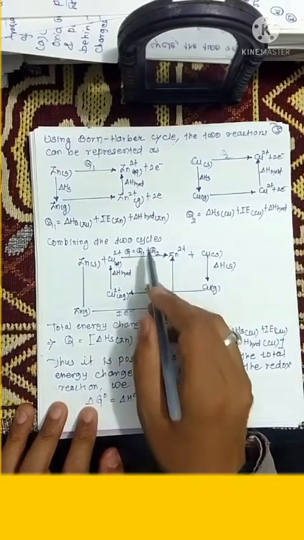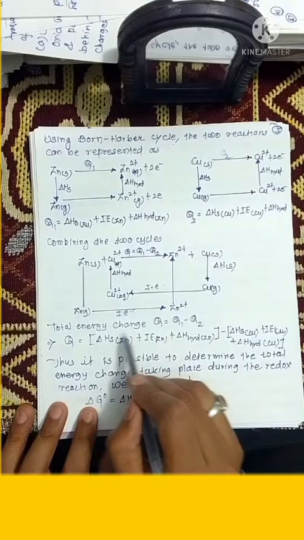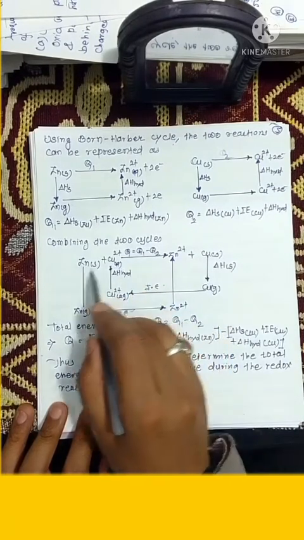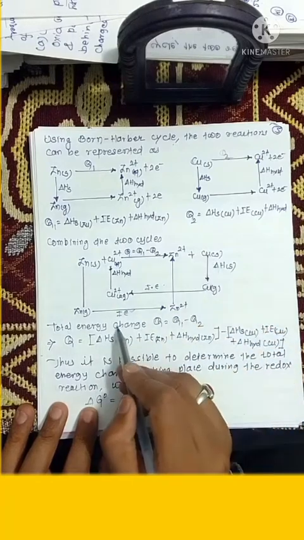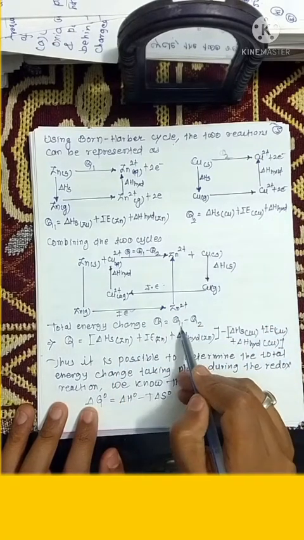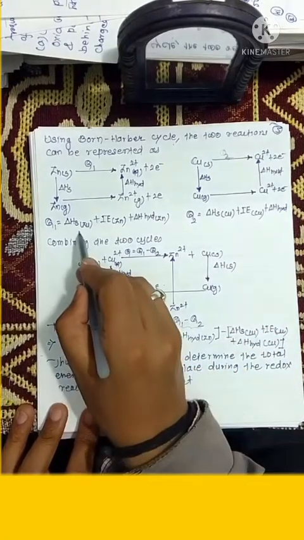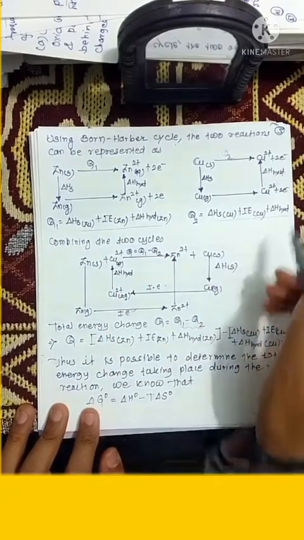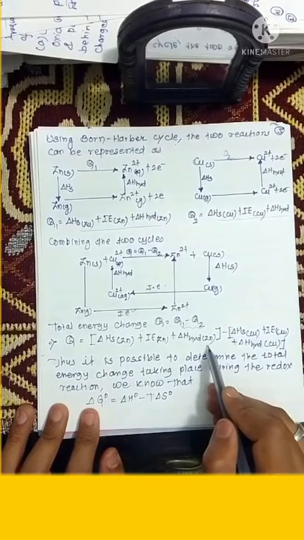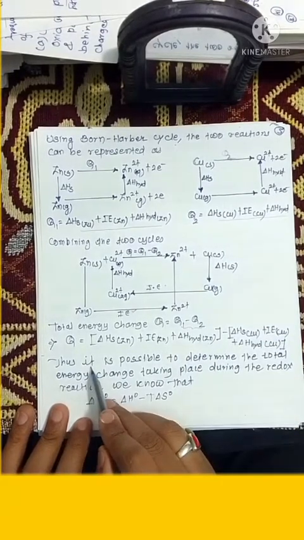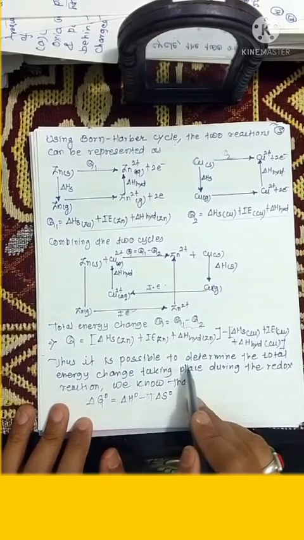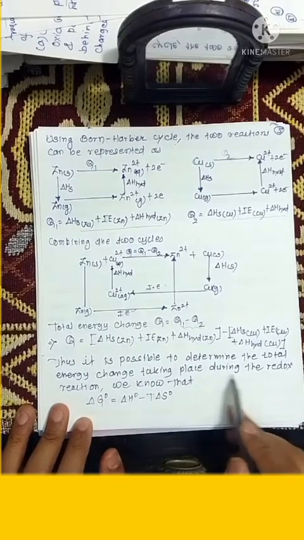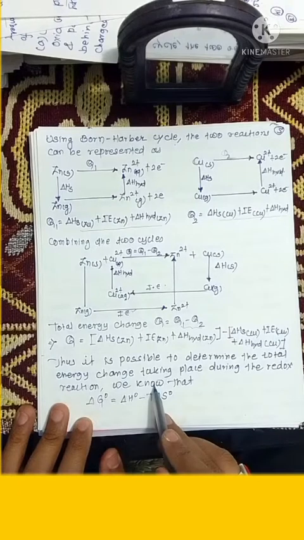From this we can simply write the total energy change, that is the energy change for this complete reaction, which is equal to Q1 minus Q2, and we know the value of Q1 and the value of Q2, so it is put in this formula. So from the above formula it is possible to determine the total energy change taking place during the redox reaction.